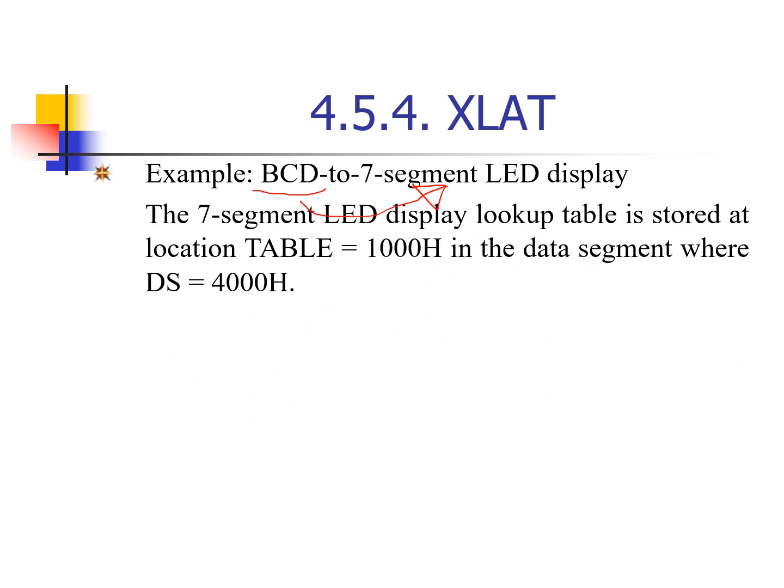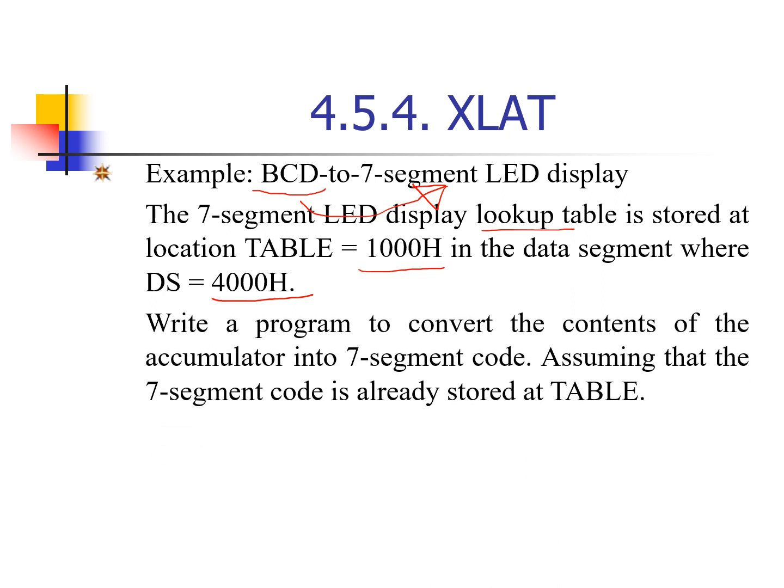If you have your lookup table stored beginning at this location in a data memory segment whose starting address is this, we need to write a program to convert values from the lookup table into the 7-segment code, to be used to display whatever decimal number through your 7-segment LEDs.